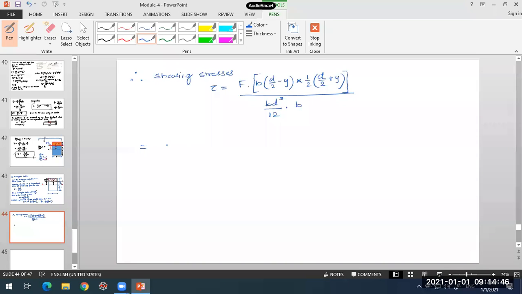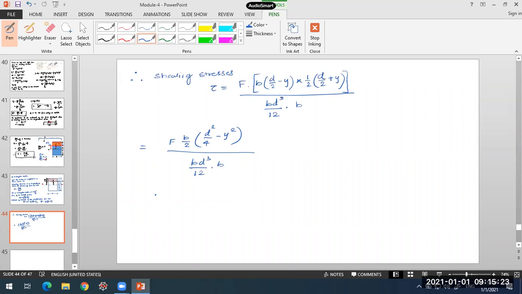On simplifying, you will get F into b by 2, into, in the bracket, d square by 4 minus y square, using a plus b times a minus b equals a square minus b square. The entire thing is divided by b d cube by 12 into b.